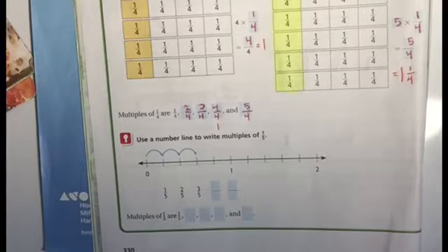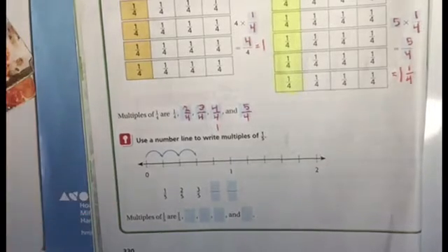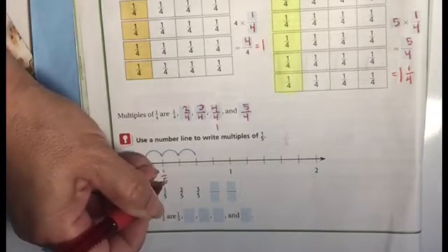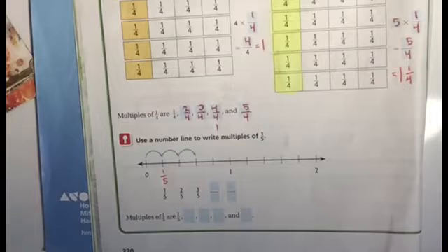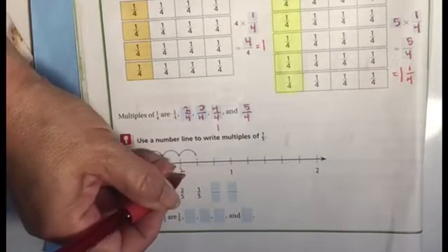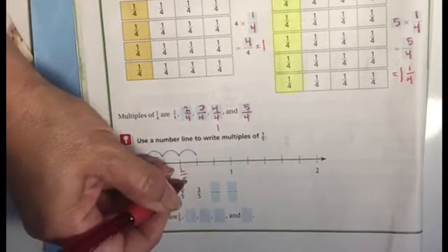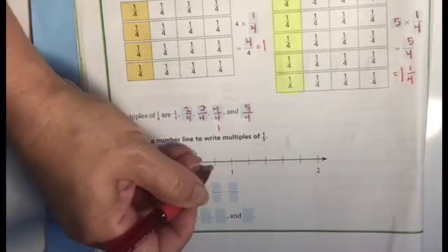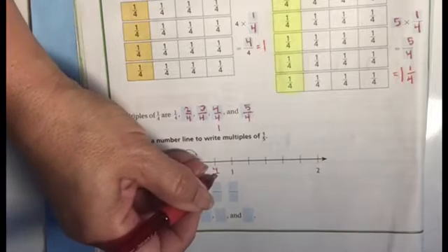Then it says, can you represent this on a number line? So use a number line to write the multiples of 1/5. So here's 0. So we know, 1/5. What would come next? Yes, 2/5. 3/5. 4/5.